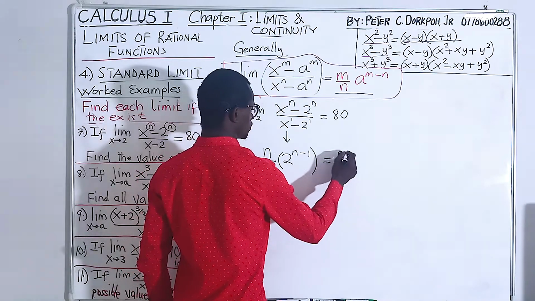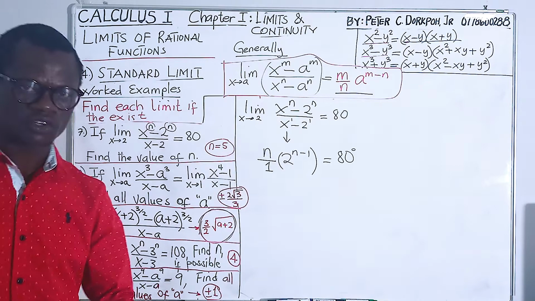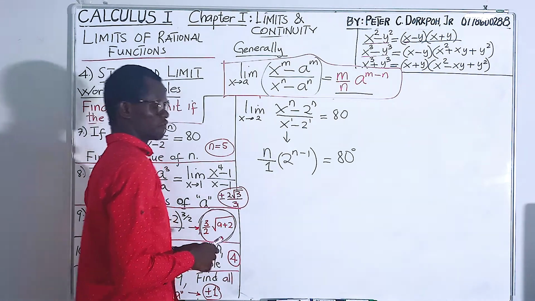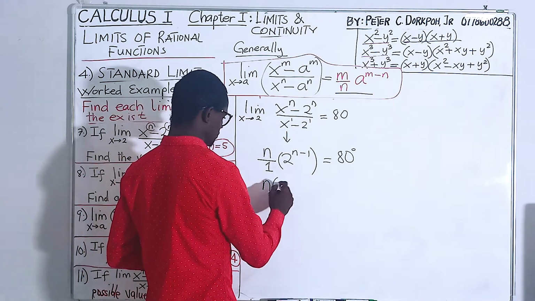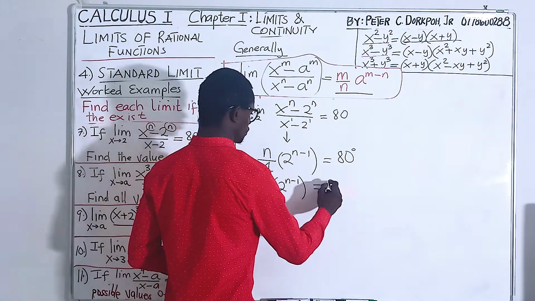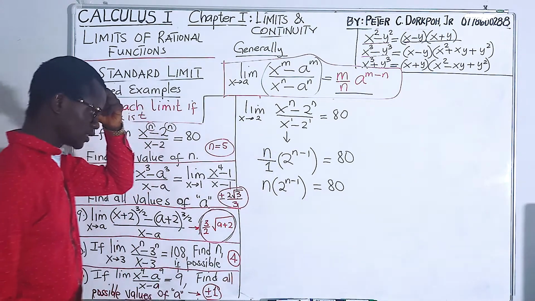All must be equal to 80. Now we have an exponential function to find the value of n. Now you have n times 2 raised to the power n minus 1 all equals to 80. It's 80, not 80 degrees.